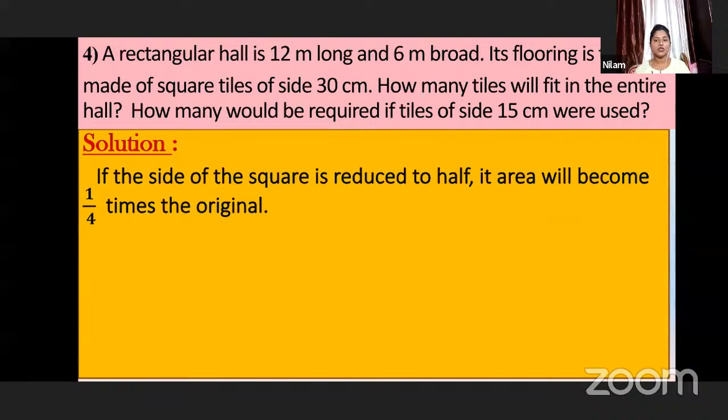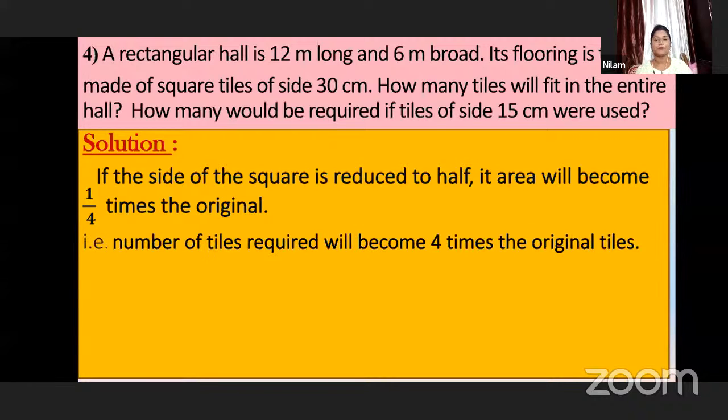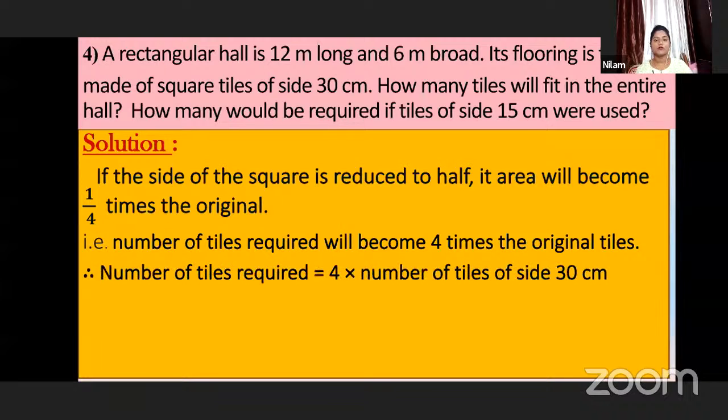So in such a case, if the side of a square is reduced to half, then its area becomes 1 upon 4 times the original. That is, the number of tiles required will become 4 times the original tiles. So number of tiles required equals 4 times the number of tiles of side 30 centimeter.